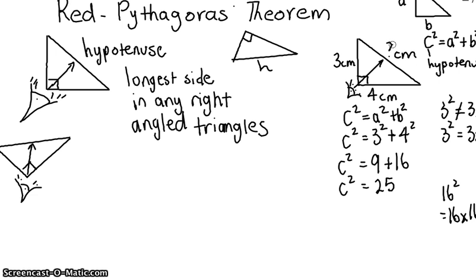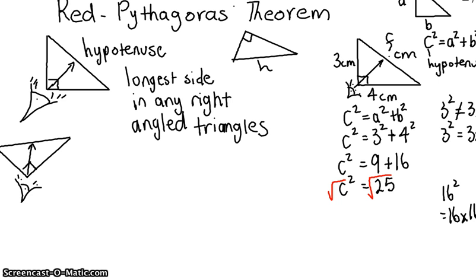Now we want to get C on its own, but we have this nagging little square up here. What's the opposite to addition? Subtraction. What's the opposite to divide? Multiplication. The opposite to squaring is to square root. You'll see it on your calculator. Because we square rooted this side to get rid of this, we must square root this side.